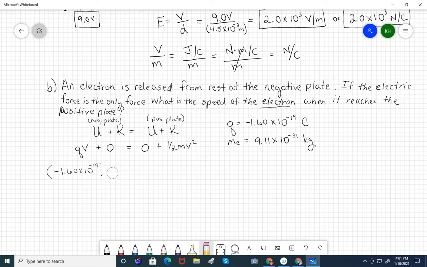It started with 0 volts and it ended at 9 volts.